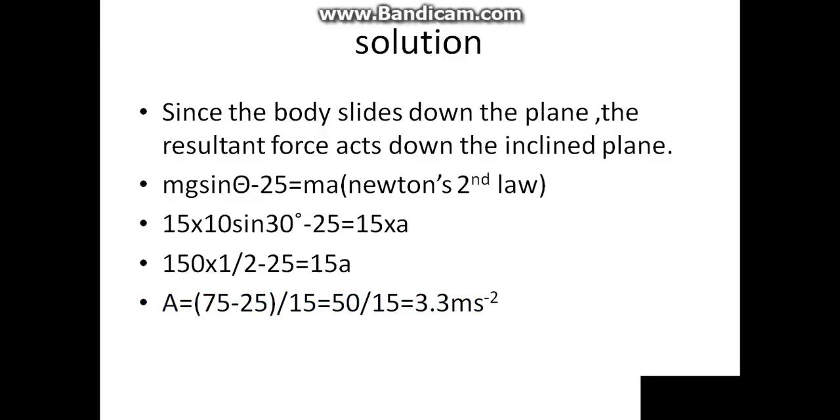Therefore, A is equal to 75 minus 25 over 15, which gives us 50 over 15, which will give us 3.3 meters per second squared. Its acceleration is therefore 3.3 meters per second squared.